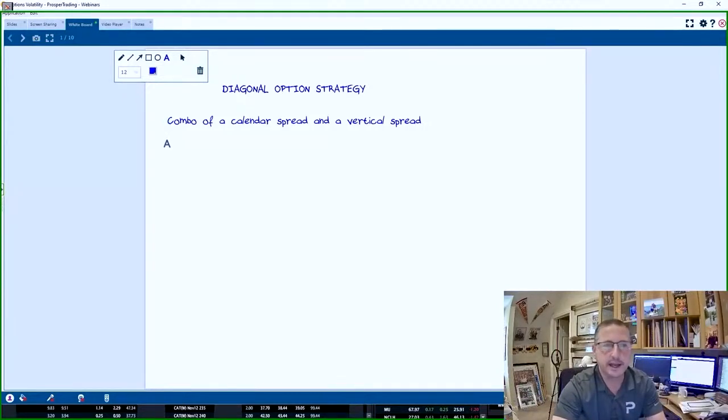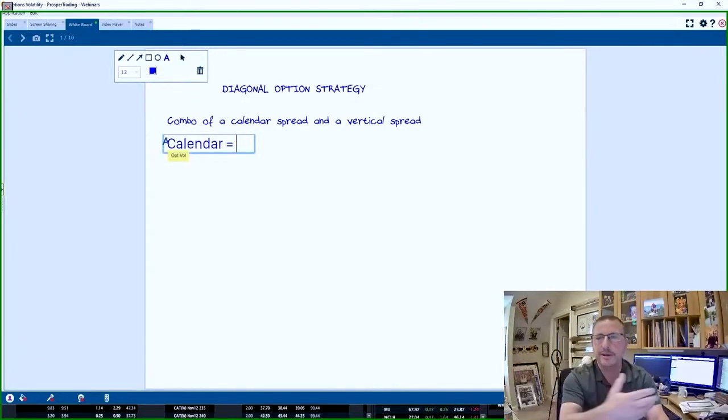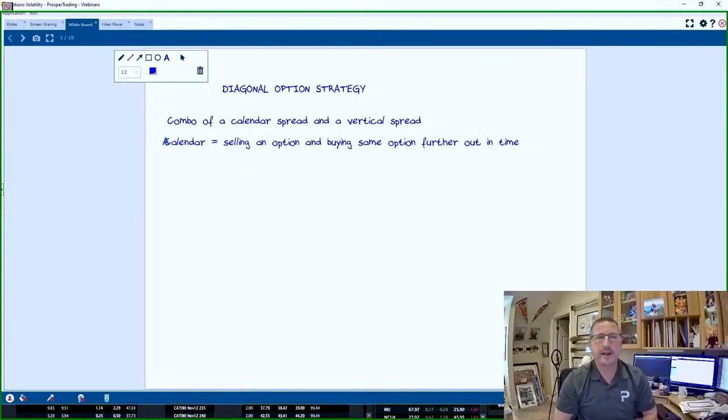Basically selling an option with an expiration that maybe is a week or 2 weeks out, and then buying that same strike option further in time. So you're creating a calendar. You're buying time. Same strike.